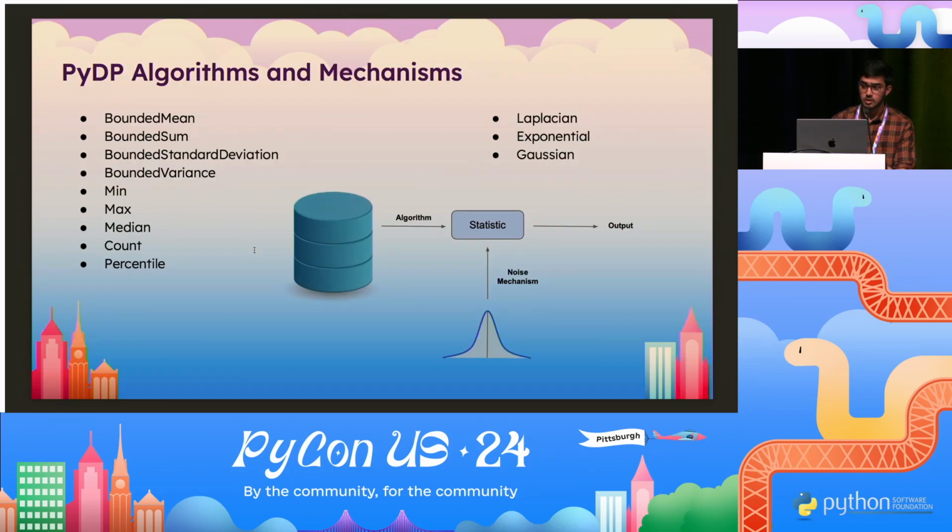Yeah. So if I take the example of Laplacian noise, the noise is typically proportional to the sensitivity of your data and inversely proportional to the epsilon that you use. So in this case, if epsilon is small, it's going to add a huge amount of noise to the outputs.